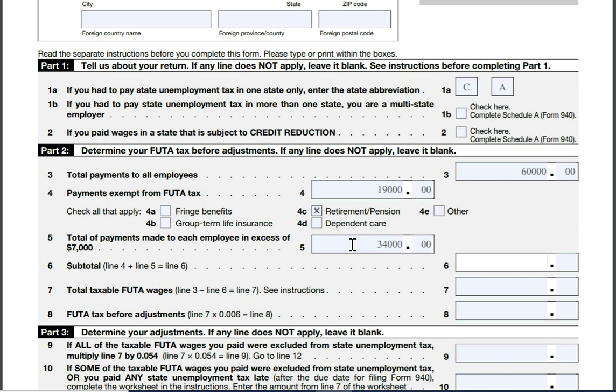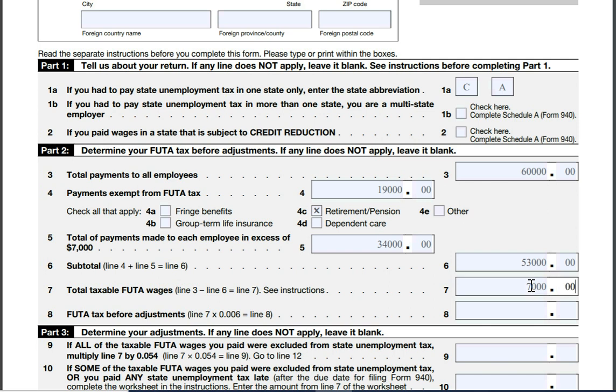Line 6, you have to combine line 4, $19,000, and line 5, in our case 34, which ends up $53,000. Line 7, we do a subtraction from total wages, which is 60,000. We deduct line 6, 53,000.